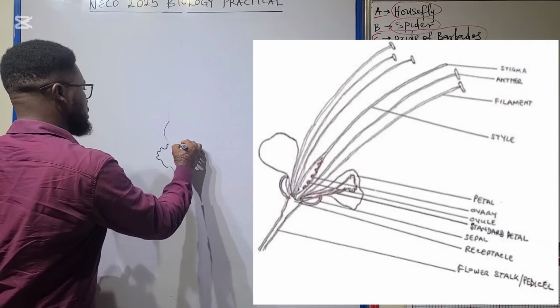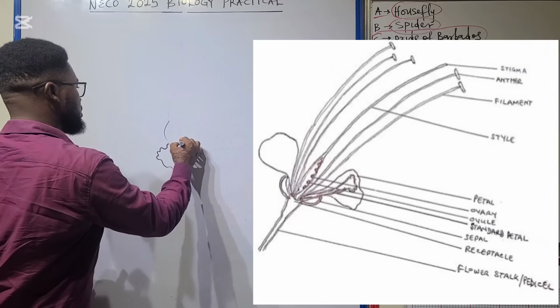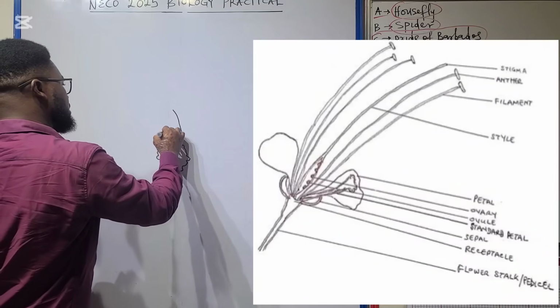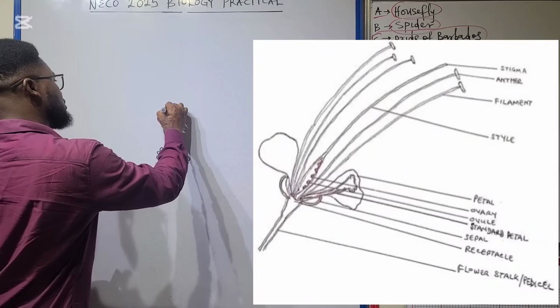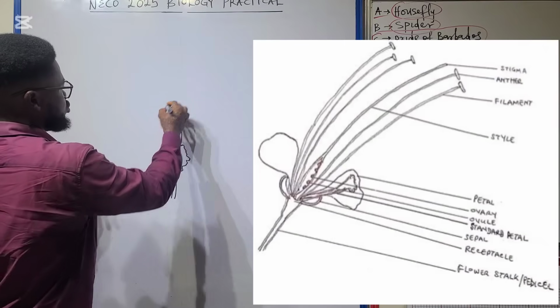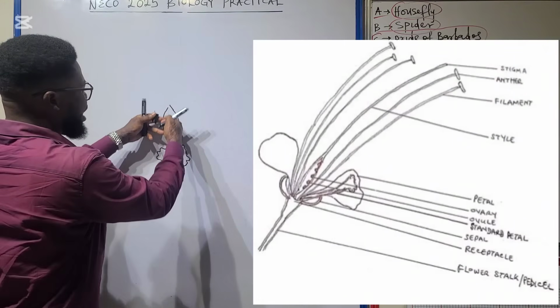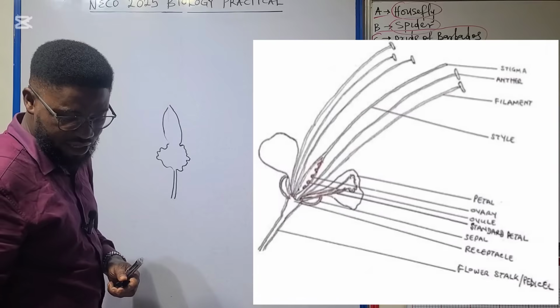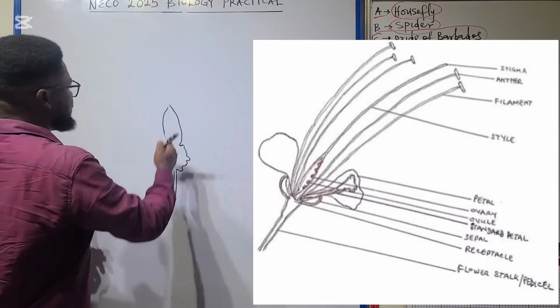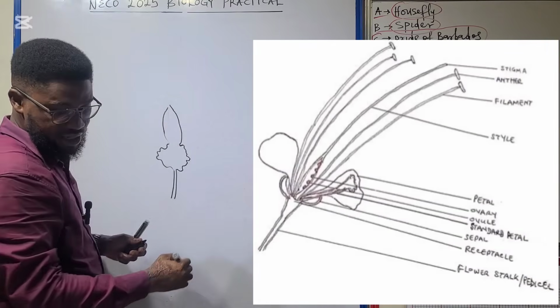This is going to lead upward. You can see it's going to lead upward. The very first and important thing to draw is usually where we are going to have the ovule, that's in the ovary. It's always best to deal with that first.